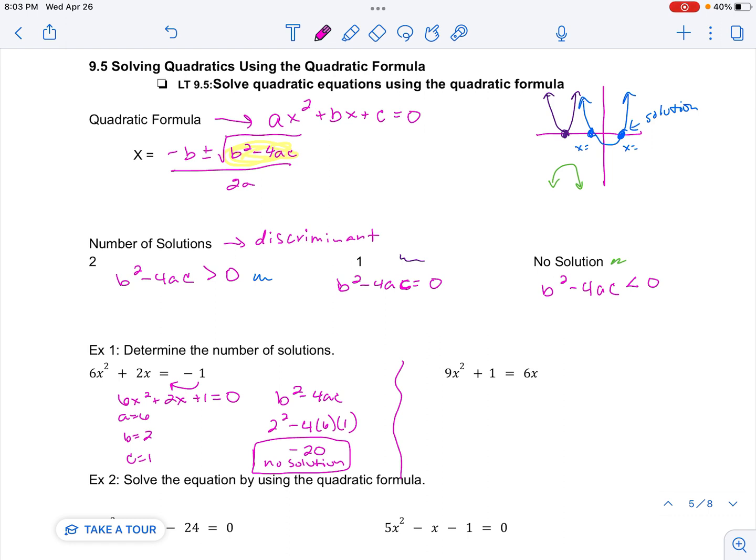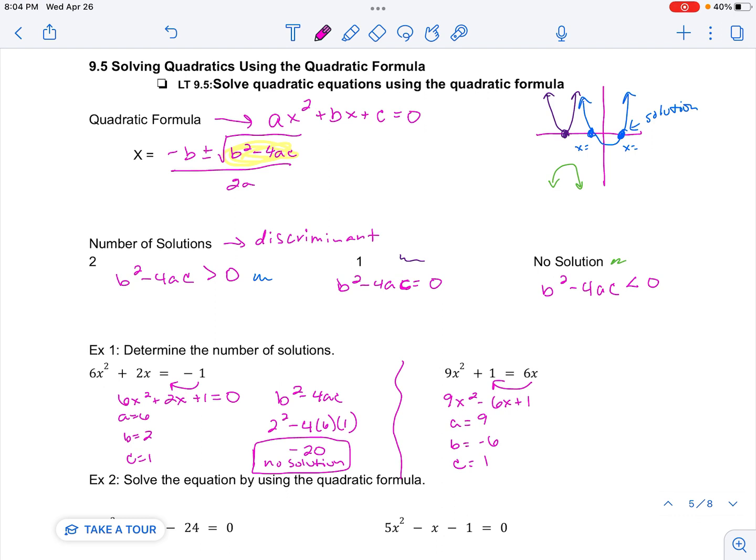Going on the right side, again, everything has to equal 0, so I'm going to move that. So I have 9x squared minus 6x plus 1. A is 9, b is negative 6, even though it shows up as a minus, that still means that it's negative. And c is 1.